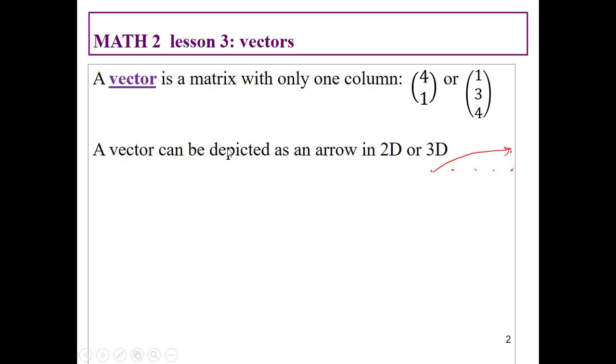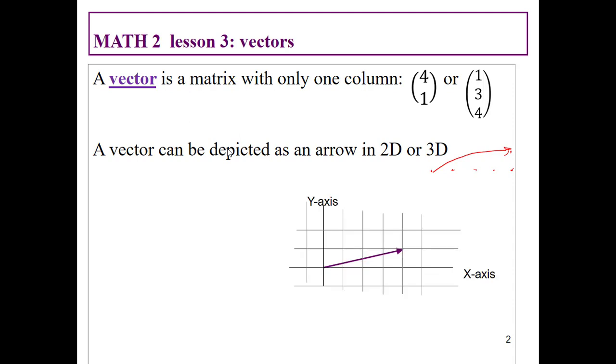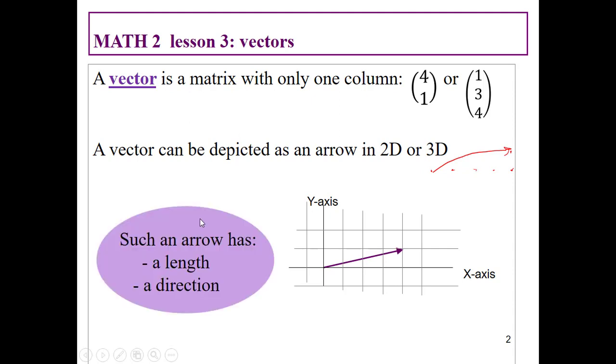So a vector is just an arrow, a movement in 2 dimensions or 3 dimensions. So the one we gave you, 4, 1, goes 4 to the right, 1 up. And an arrow has a length and a direction. It doesn't have a starting point, so you can start this vector anywhere in space. It doesn't have to be from the origin, but it can start at any point on your grid.